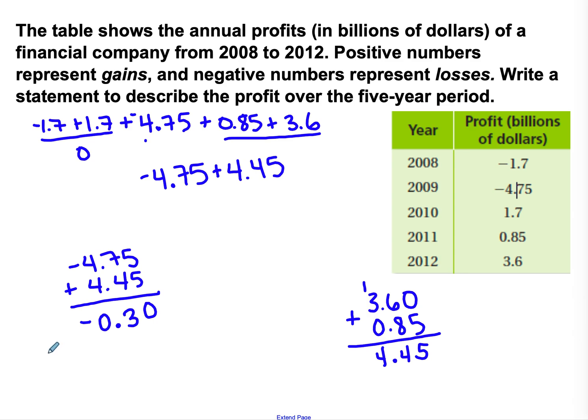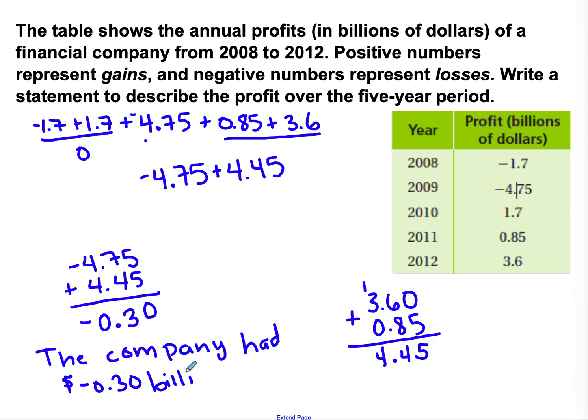All right, so the company had negative 30 hundredths billion dollars in profit.